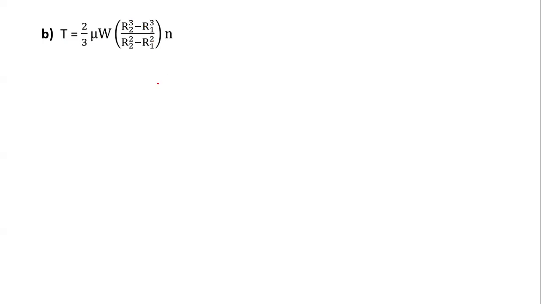Let's proceed then. 2/3, then mu is 0.25, W is 1,000, R2 is 0.35. So 0.35 cubed minus R1, which is 0.2, also cubed, over the same 0.35 but this time squared, minus 0.2 squared.